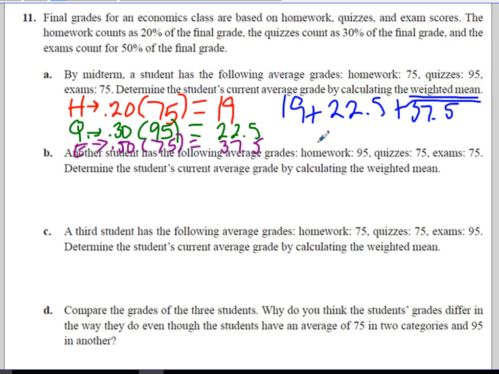Remember, technically we're dividing by 1 because 20%, 30%, 50% add up to 100%, as a decimal is 1. We get, oh, I have a mistake here. I was looking at the wrong answer. Hopefully you were doing the calculations and not just relying on me.